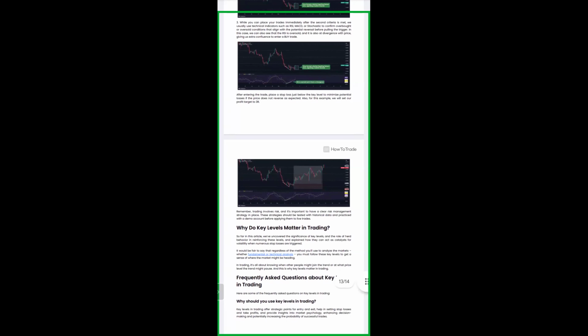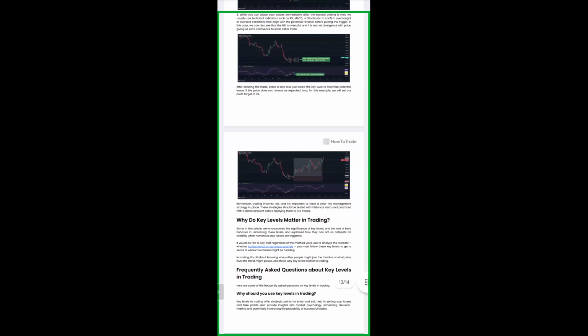And as I've mentioned earlier, it helps in confirming. Knowing key levels helps us confirm trends, either a breakout above the resistance line or below the support. This can confirm either a continuation of a trend, or at some points a reversal, to indicate a potential change in trend.